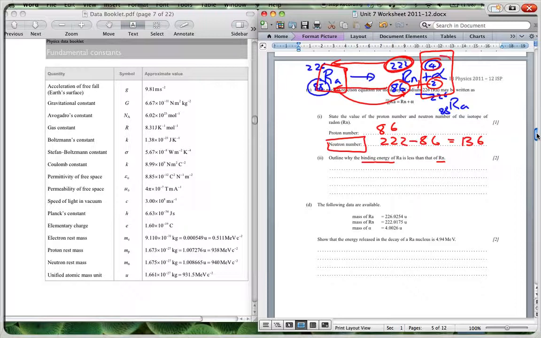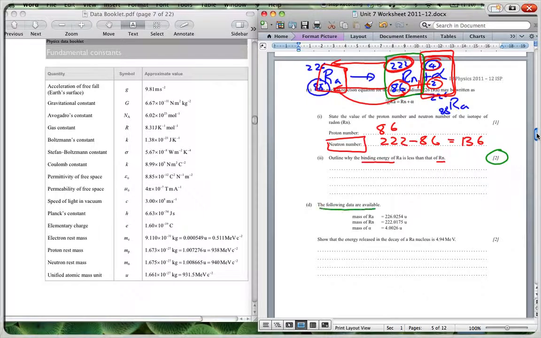This alpha particle, by being emitted from the nucleus, is taking away energy in the form of kinetic energy, and so it is leaving a more stable daughter nucleus behind. Okay, I think you'll be able to get your 2 marks there.